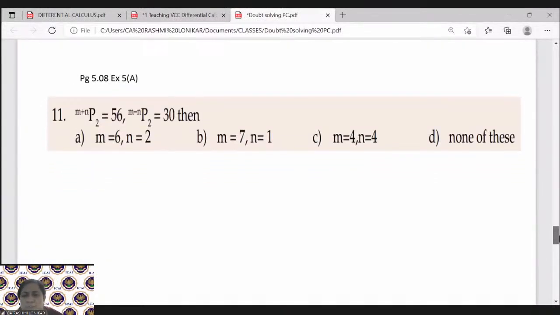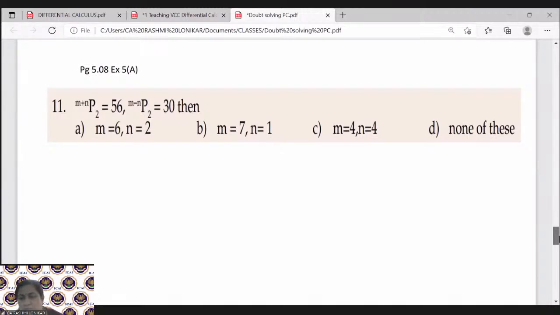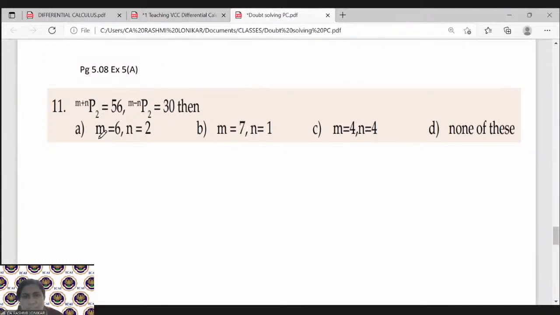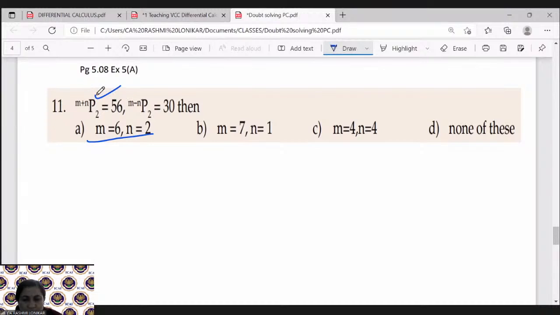In this 5.08 exercise A also, this sum I just want to highlight. If you do it by substitution, you take the options and substitute. So don't rush to call it the correct answer, because m equal to 6 and n equal to 2 does not satisfy the second condition.